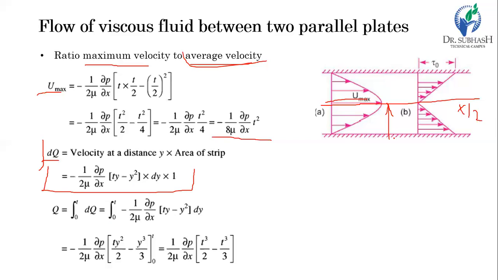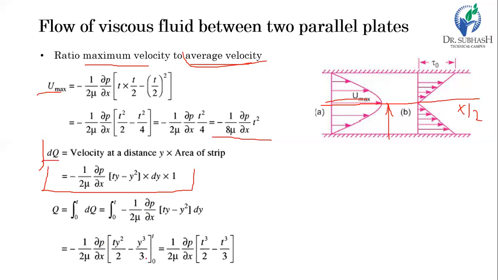So by this way we can get the discharge between two parallel plates. By integrating this, first we will take the constant value out of the integration sign, and integrate t into y square by 2 minus y cube by 3.